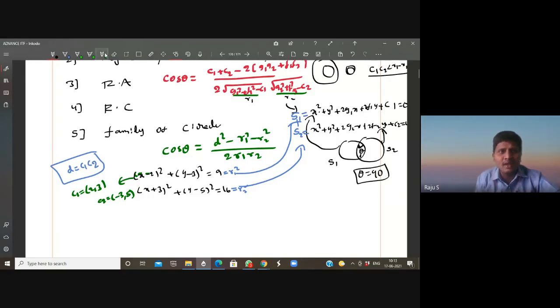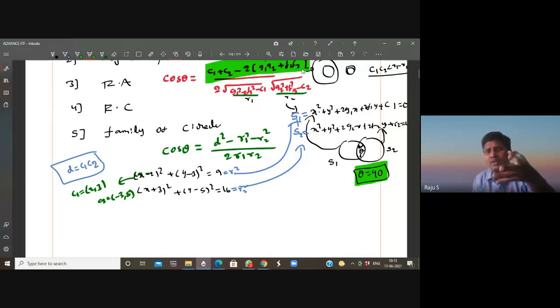I already explained this concept twice or thrice, but once again I am explaining. When two circles are orthogonal, theta is 90, so the numerator alone is equated to 0. This numerator alone, c1 plus c2 minus 2 times g1 g2 plus f1 f2, equating to 0. That is the orthogonal condition.